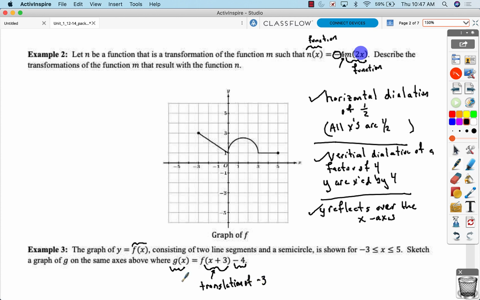But in reality, it just means the x's move 3 to the left. That's what that means. Every x is going to go 3 to the left. So for example, this point is now going to be over here. Now, the minus, this thing is a vertical translation.